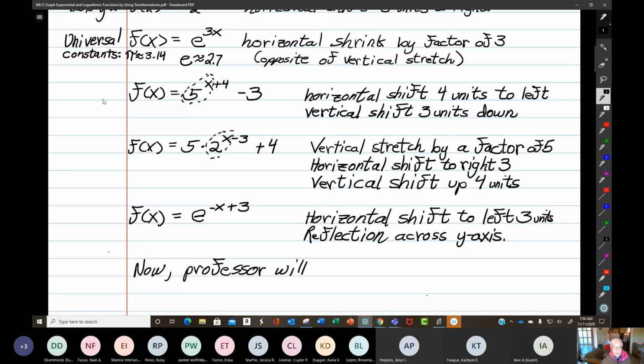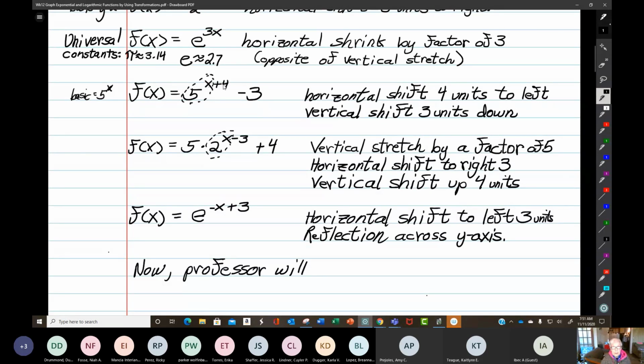Now over here, the basic function is 5 to the x. Five to the x is being shifted horizontally to the left by 4.